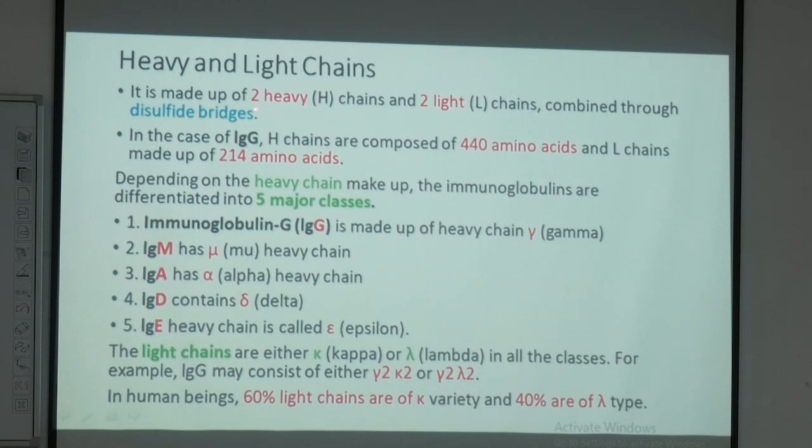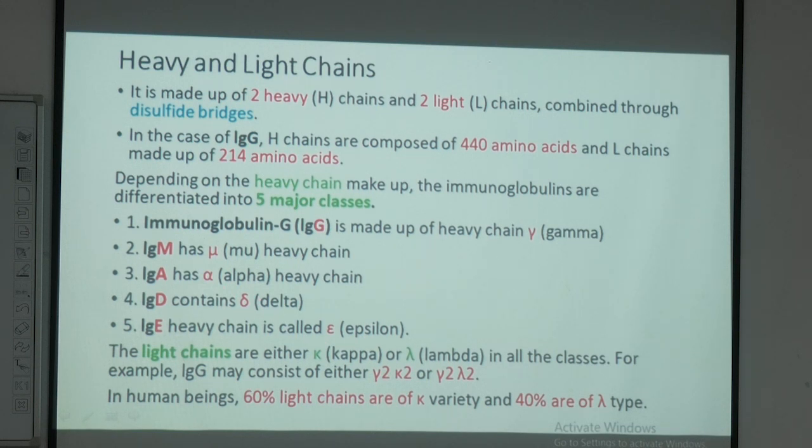So here, as we have seen, there are 2 heavy chains and 2 light chains. Depending on the type of immunoglobulin, the number of amino acids in each of the chains can be different. Depending on the heavy chain, we classify immunoglobulin or antibody into 5 major classes: gamma, mu, alpha, delta and epsilon.